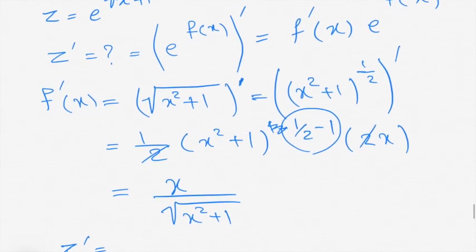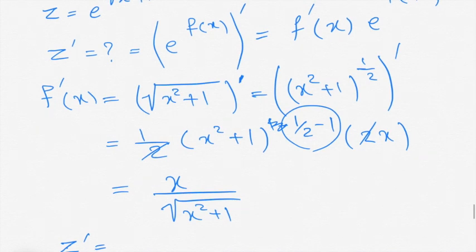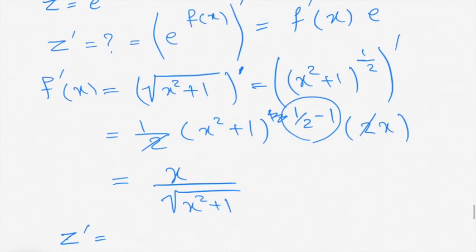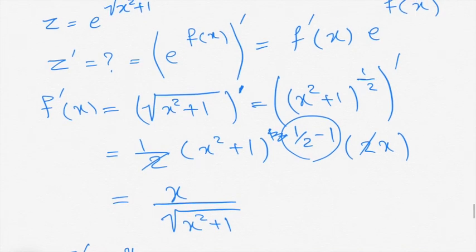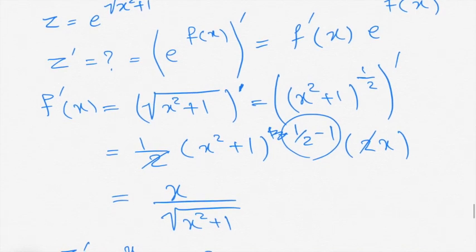I'm writing a bit big. I think I should modify it later. Z prime will be f prime, which is x over the square root of x2 plus 1 times e to the power f of x.